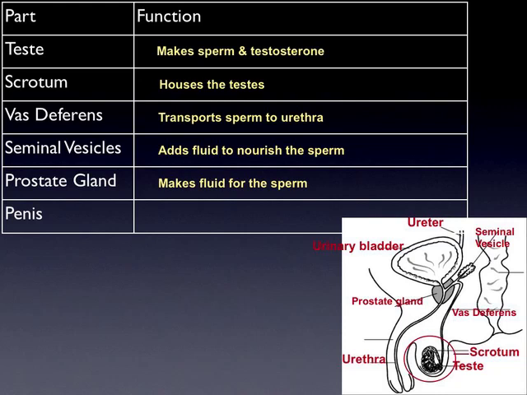So if a person does have prostate cancer, some of the treatments, like any type of cancer, they may try to remove the tumor. Often they'll remove the prostate gland and take it out.